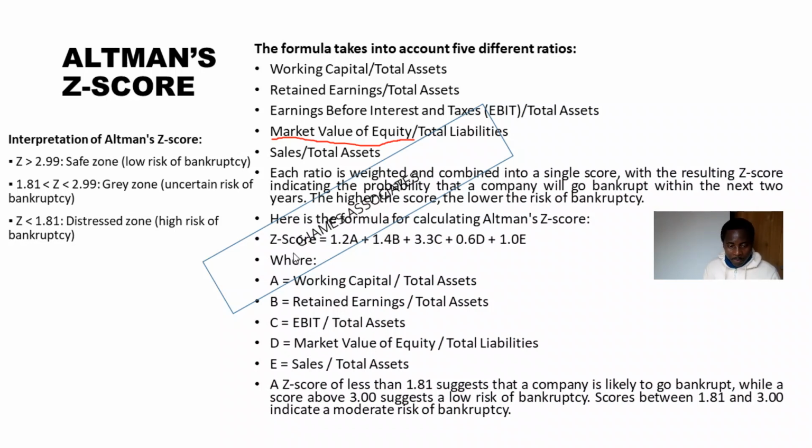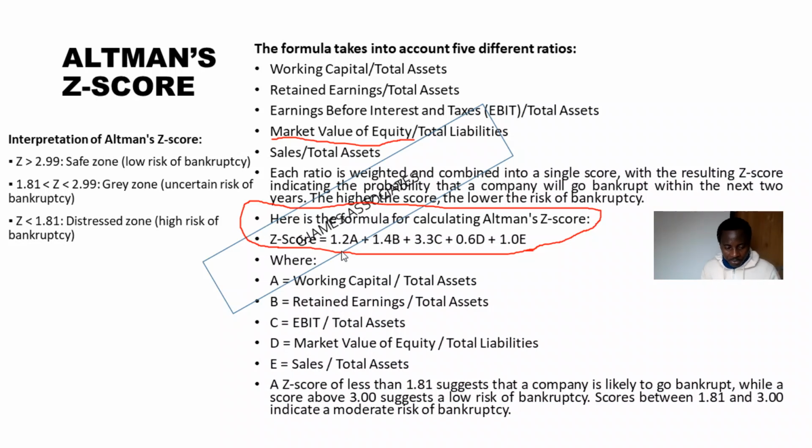So basically, this is the formula. Okay, we need to know this, please. We need to know this. There's no magic about it. That is the model given to us.